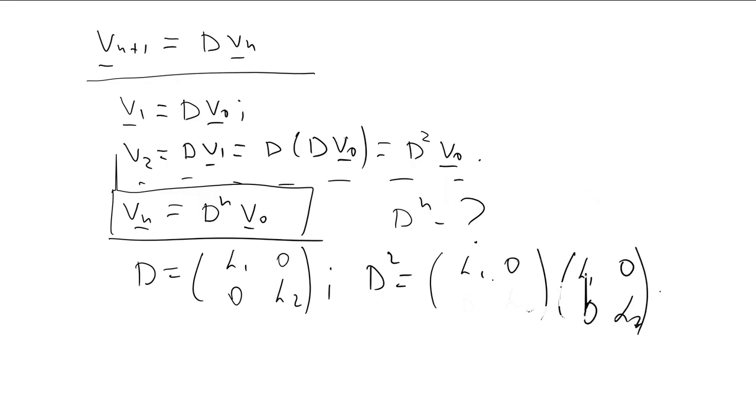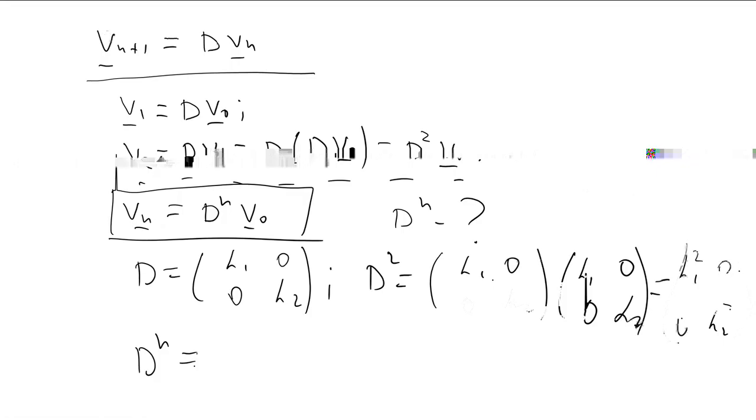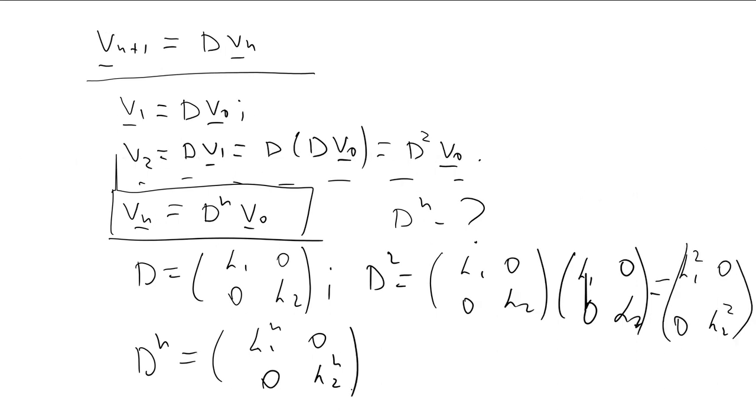And this is, in fact, lambda 1 squared, 0, 0, lambda 2 squared. This is easy to check. Moreover, D to the power of n will be equal to lambda 1 to the power of n, 0, 0, lambda 2 to the power of n.